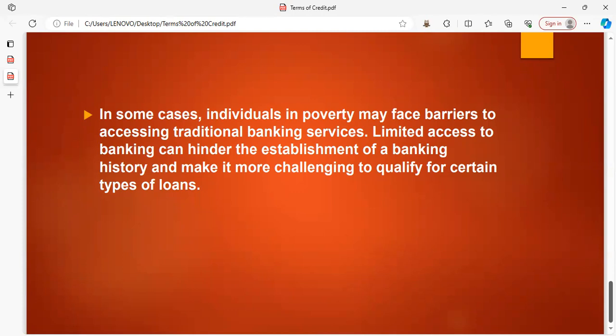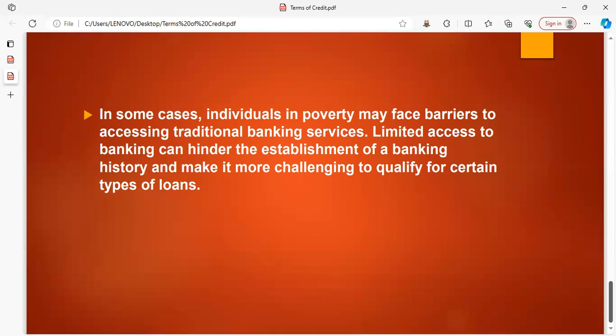Limited access to banking can hinder the establishment of a banking history and make it more challenging to qualify for certain types of loans. So sometimes banking facilities will not be available to these people, and they will be unable to get certain types of loans.